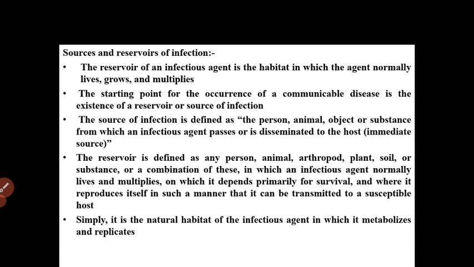Now it is defined as the person, animal, object, or substance from which an infectious agent passes or is disseminated to the host, meaning the immediate source. This is the source of infection.